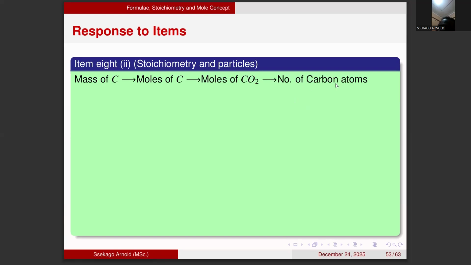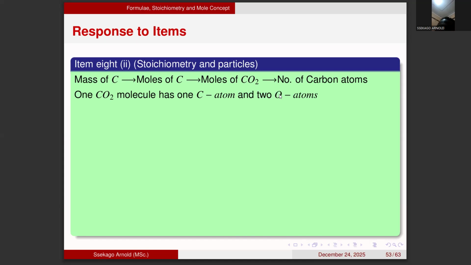Then here we want the number of carbon atoms. This is still under item 8, Roman 2. For the number of carbon atoms, we note that one carbon dioxide molecule has one carbon atom and 2 oxygen atoms. However, for oxygen atoms, we have already calculated that. Now, in this case, we deal with the number of carbon atoms. Before we say anything, this is what we know.